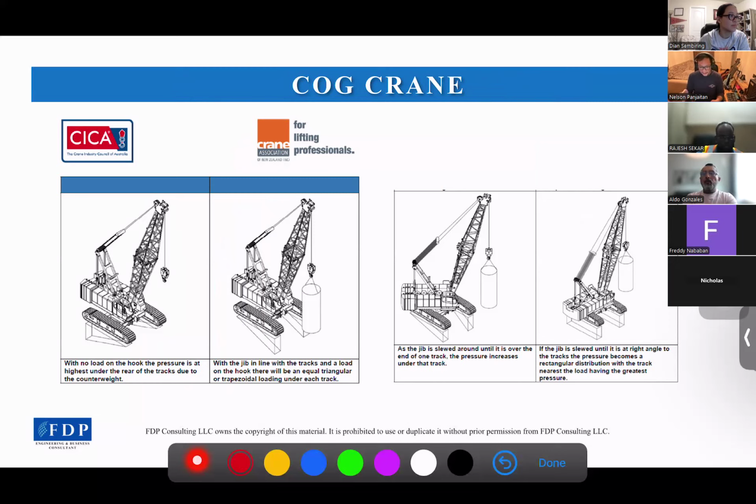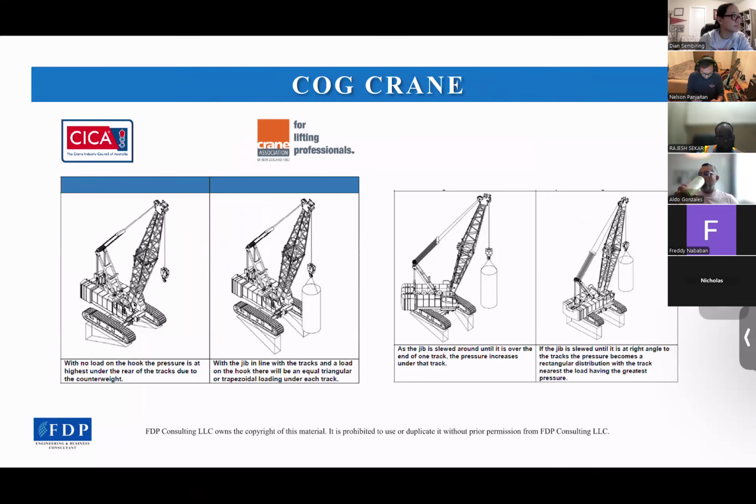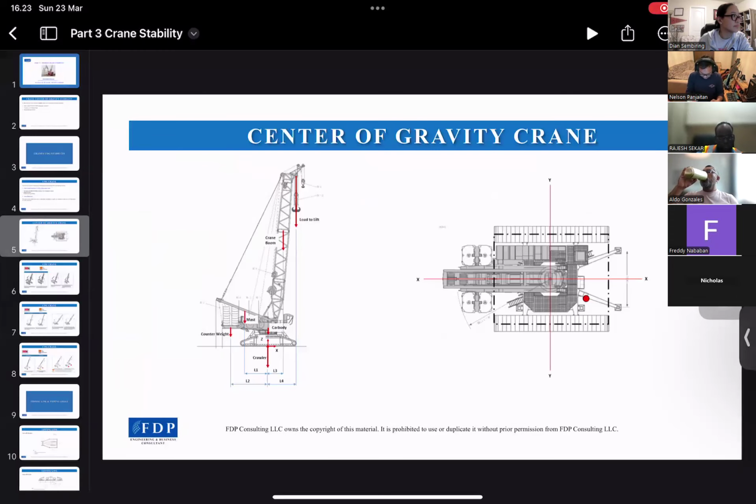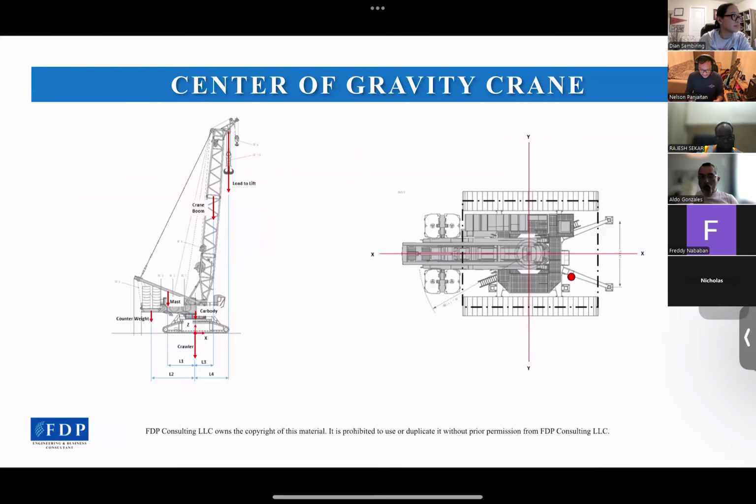As I mentioned yesterday, the COG of the crane is usually in line with the boom direction. So when there is a slewing of the boom, the COG will move to the same line as the boom direction.